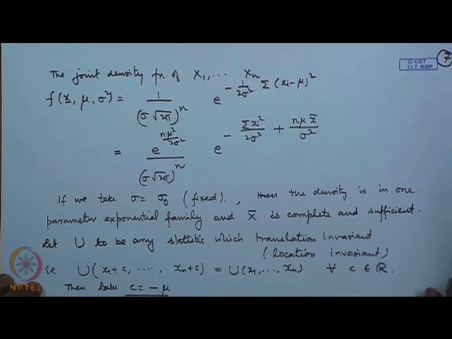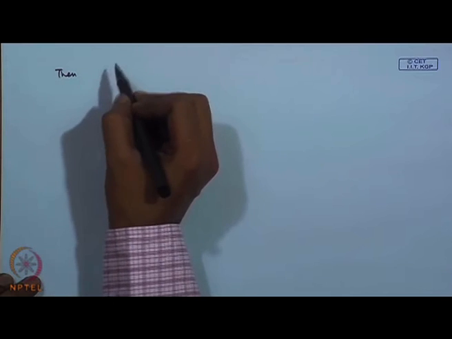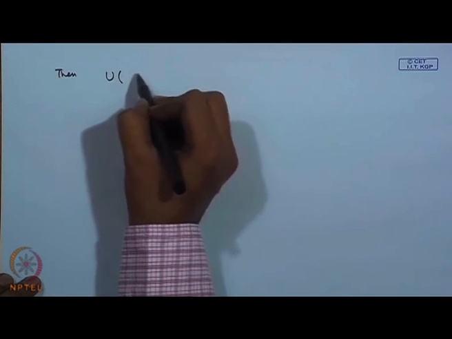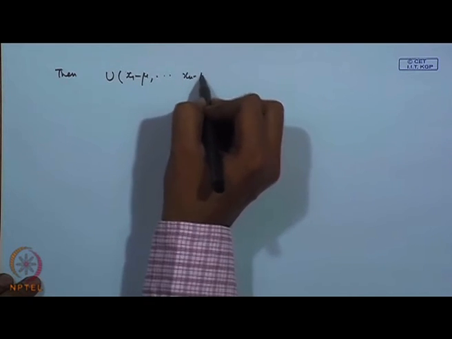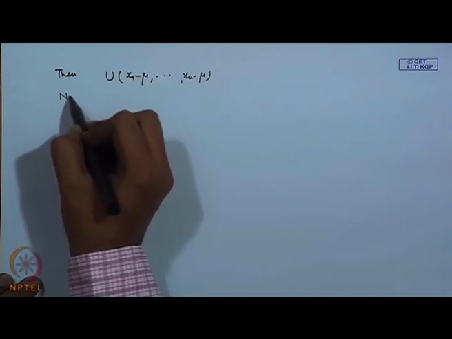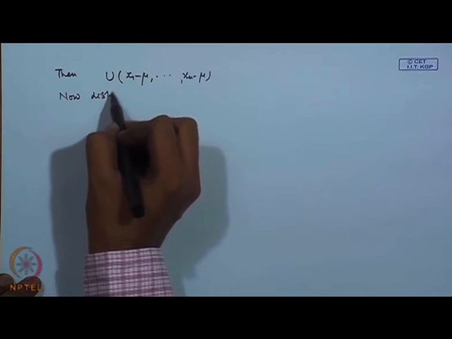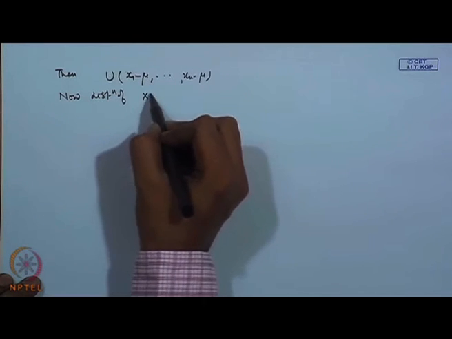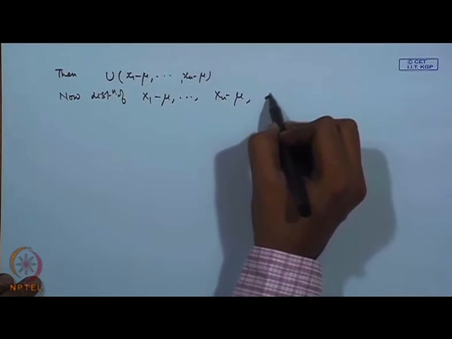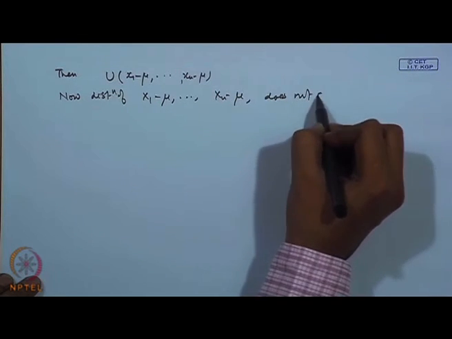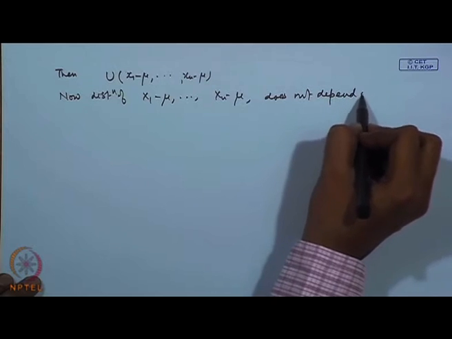If I do that, this becomes a function of x 1 minus mu and so on, x n minus mu. Now, the distribution of x 1 minus mu, x 2 minus mu, x n minus mu does not depend on mu.